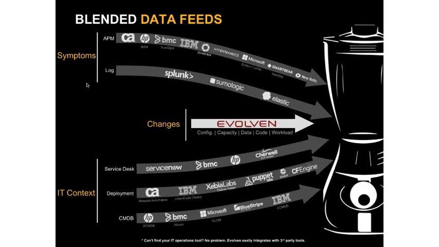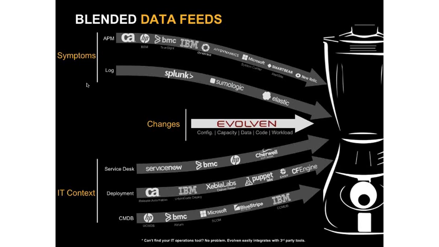So just to give a couple of examples of some of these, we support things like AppDynamics or Dynatrace for APM. We support things like Splunk or Sumo Logic or Elastic on the log analysis side. On the service desk, we have an integration with ServiceNow, and in fact even have UI support for ServiceNow, so you can even see Evolvin changes within ServiceNow screens.